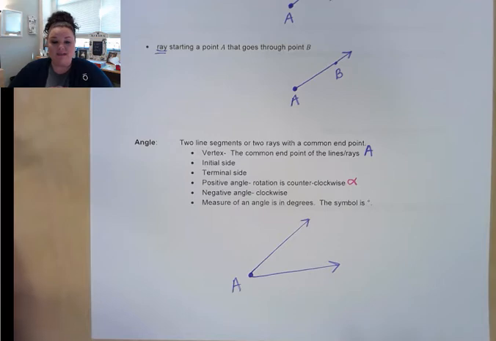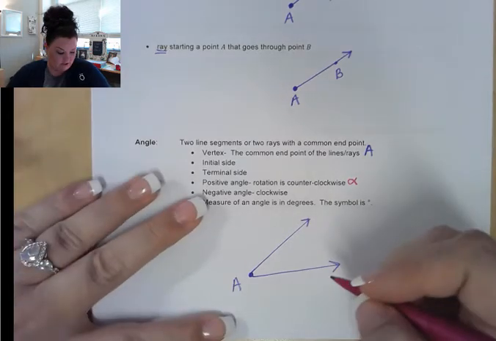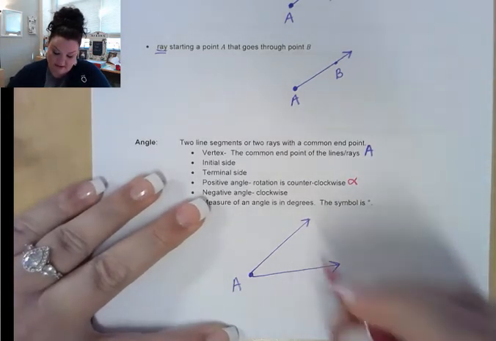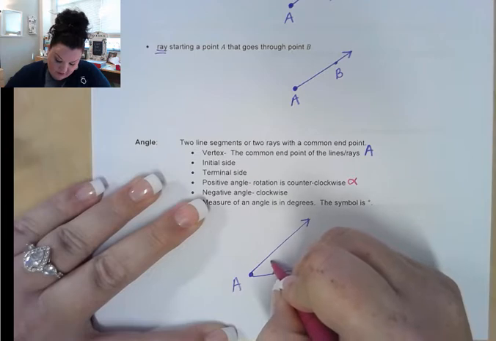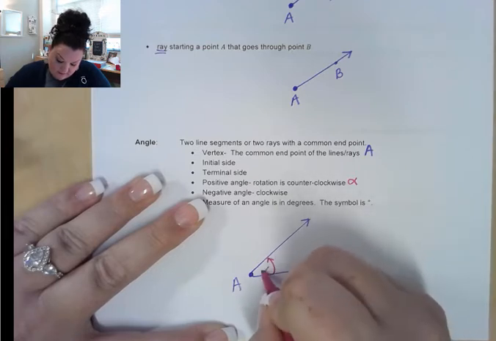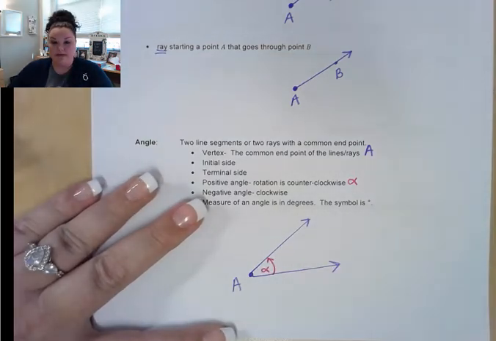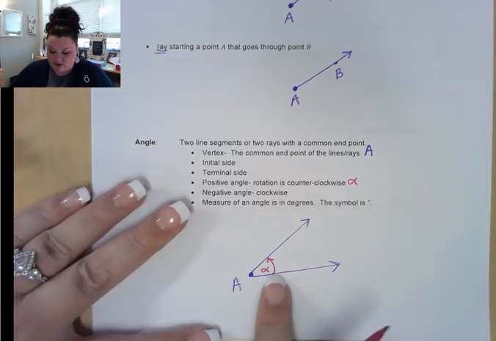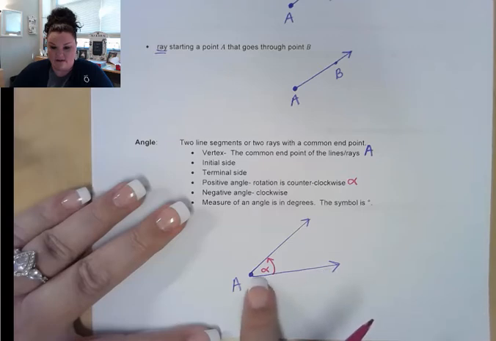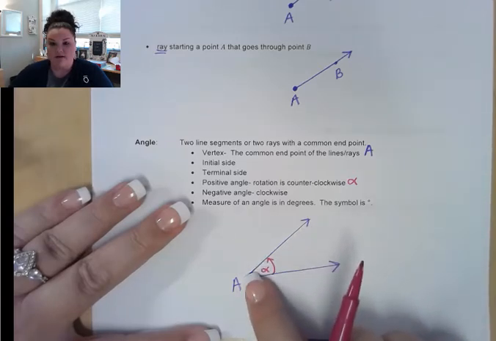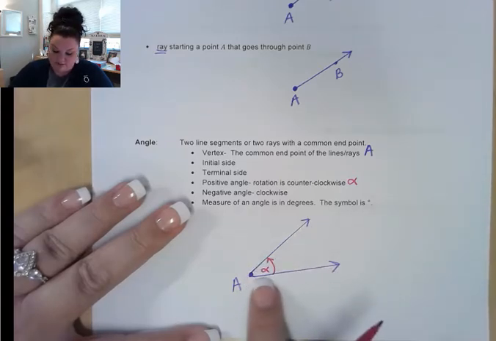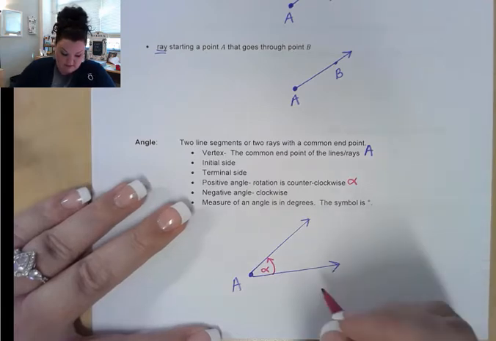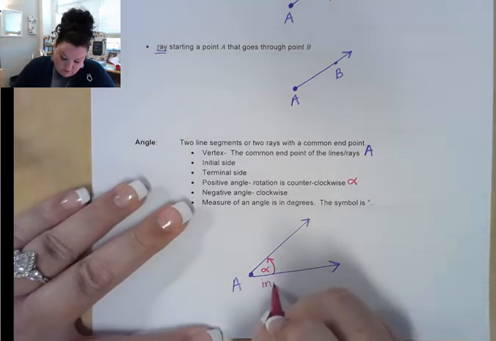A positive angle always has a rotation that is counterclockwise. So if I start at this bottom ray and I go counterclockwise, then this would be my alpha angle. Notice it started at this bottom ray and it ended at this top ray.